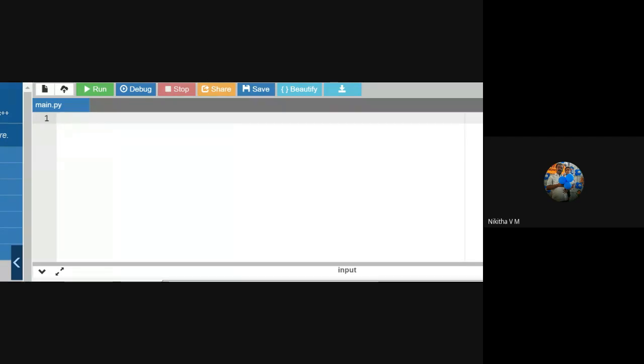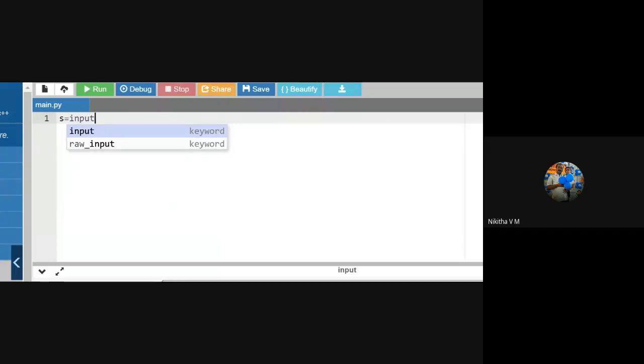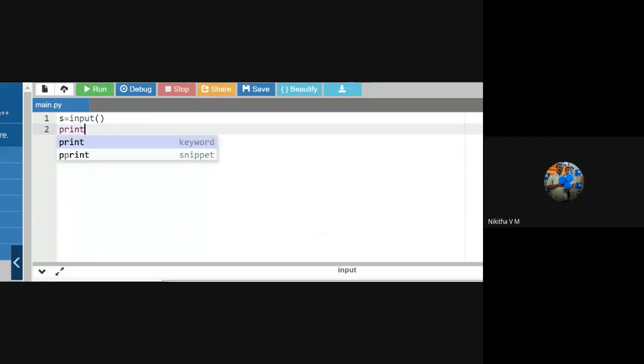Let us take the input string first. S is equal to input of, right? Then print s dot capitalize. Let's execute this.